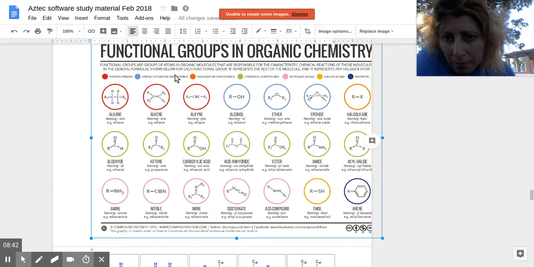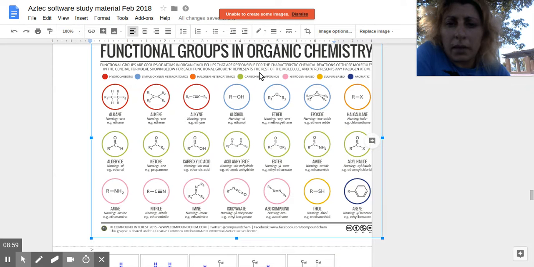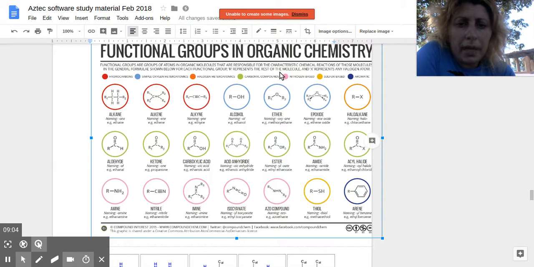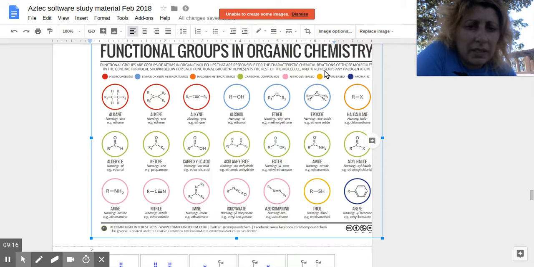In the general formula shown here in the diagram of each functional group, R represents the rest of the molecule, which is not as crucial in how the molecule reacts. The functional groups determine the specificity of what the molecule will function as.